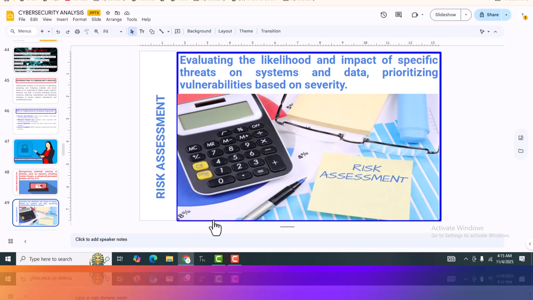Assuming we have two incidents, which one should we start tackling and responding to first? That is what risk assessment is all about.